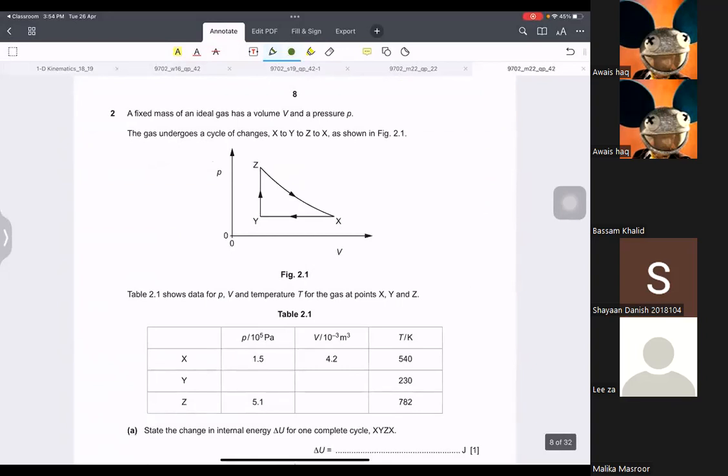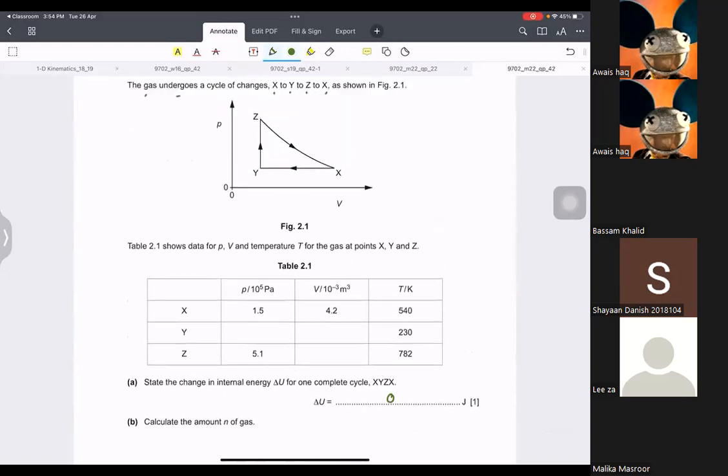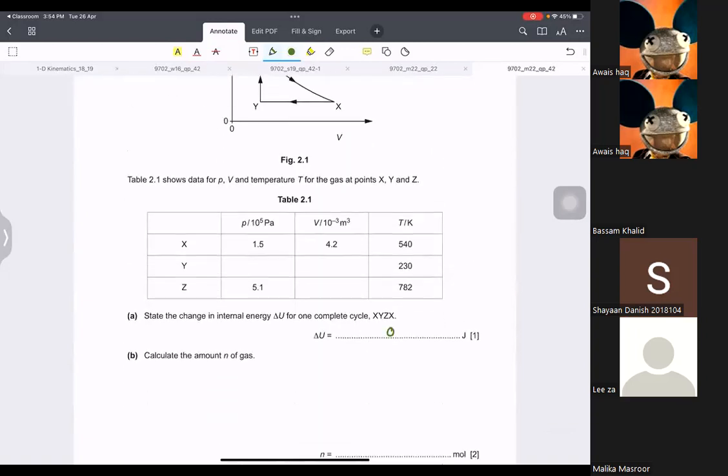Okay, so in this question it says a fixed mass of gas. The gas undergoes a cycle X, Y, Z, X. Okay. The table shows this. State the change in internal energy for one complete cycle: zero. The reason behind this is that it reaches the same point, right? Now it says calculate the amount of gas. Okay.